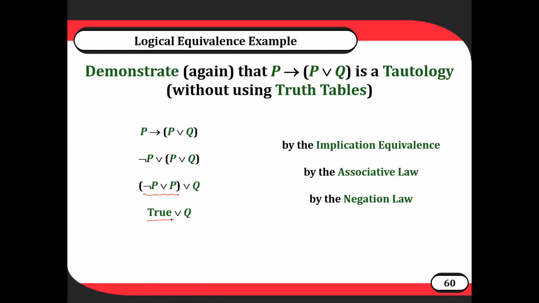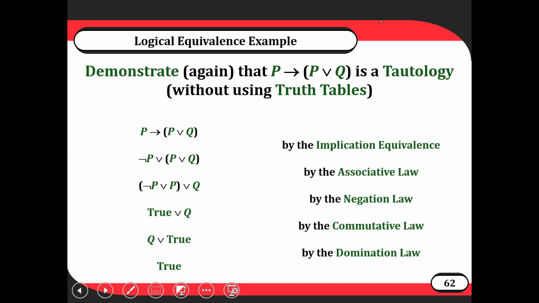And true or Q, does anybody remember what step we would take or what law we would apply? Domination, yeah. Well, commutative and the domination law. So true or anything is always true.